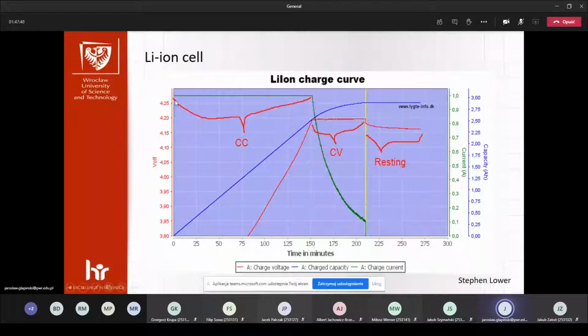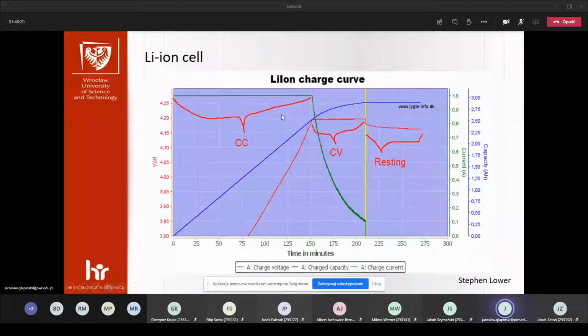First we are charging with constant current, and we are checking what happens to the voltage of the cell. If we achieve the point of 4.2 volts, more or less, because it depends on construction, every manufacturer specifies the proper point to stop the constant current charging.